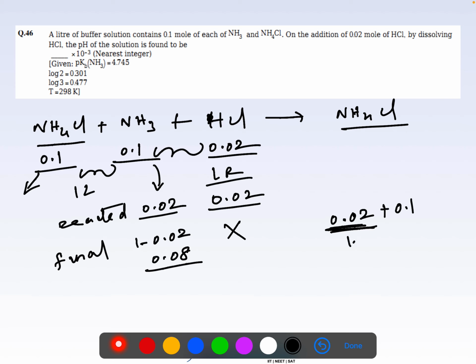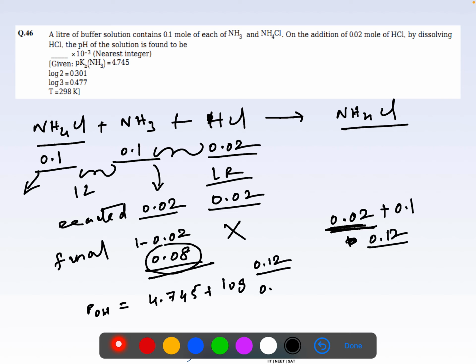The total amount of ammonium chloride is 0.12 molar, and the total amount of ammonia left is 0.08 molar. For a basic buffer, pOH is equal to pKb, that is 4.745, plus log of the concentration of the salt over the base, 0.12 divided by 0.08. So this will be 3 by 2.